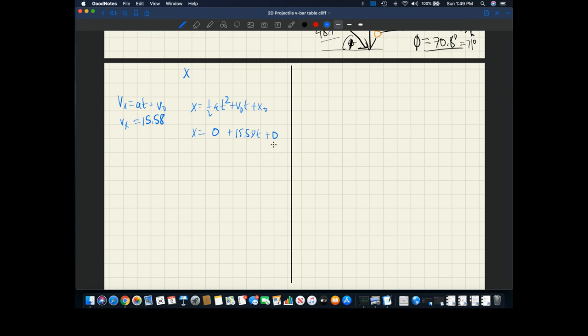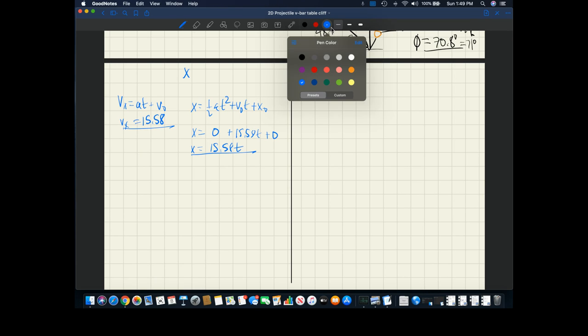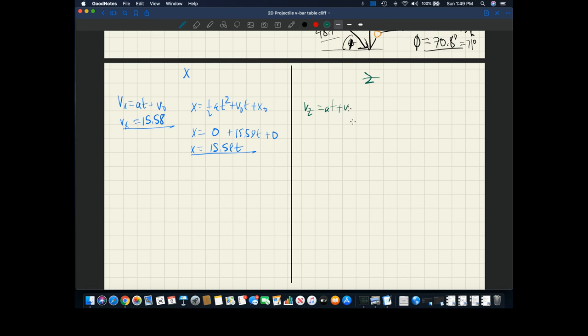So just like the last problem, we have the same equation, 15.58 t. And 15.58. So the x didn't change. It's the same. Let's see if our z changes. Acceleration is minus 10. The initial velocity is still 9 in the vertical direction.